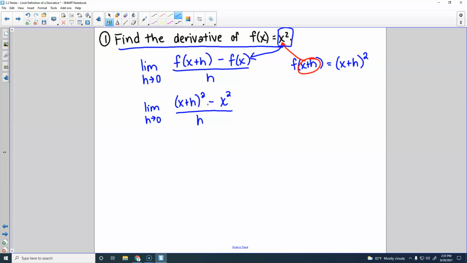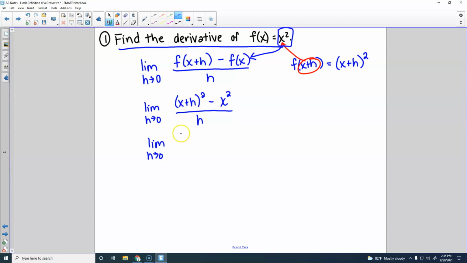Remember when we were doing delta x problems, we generally wanted to factor out a delta x and cancel it with the one in the bottom. It's going to be the same thing here. Yes? And so we will have the limit as h approaches 0.